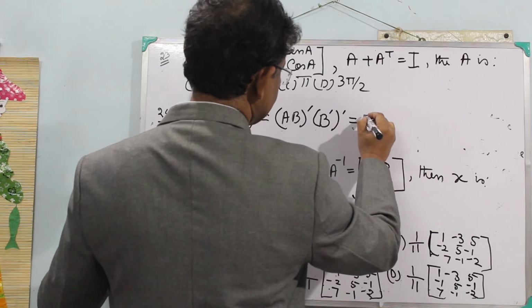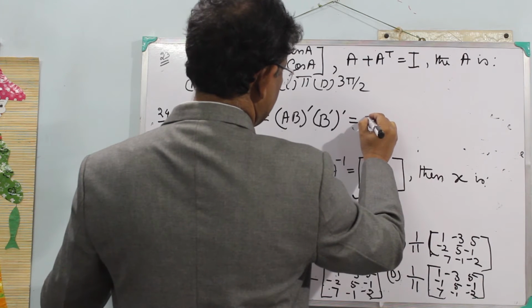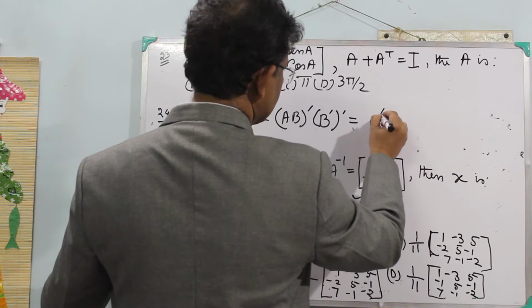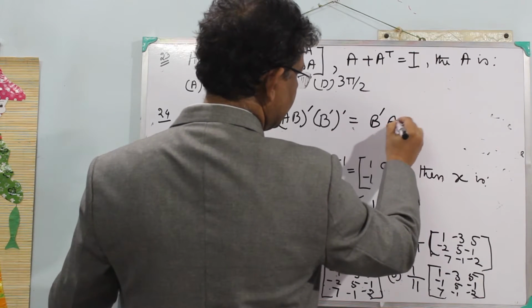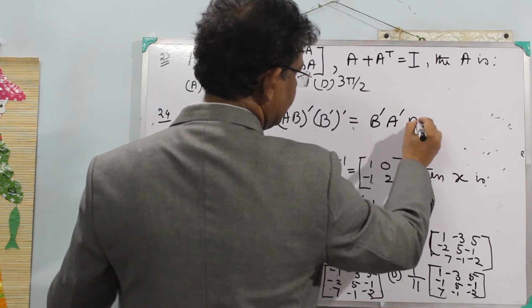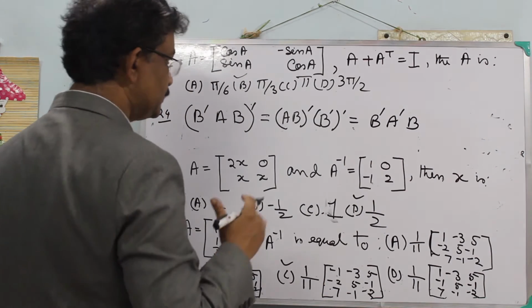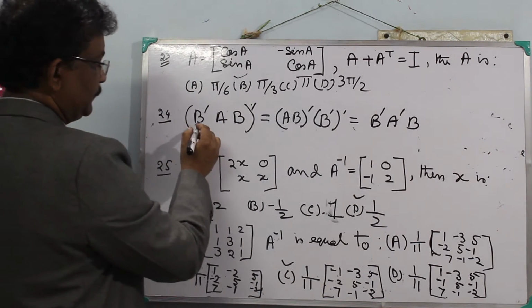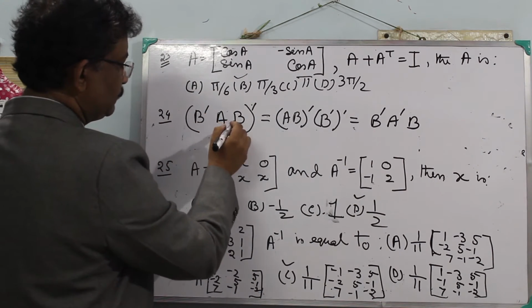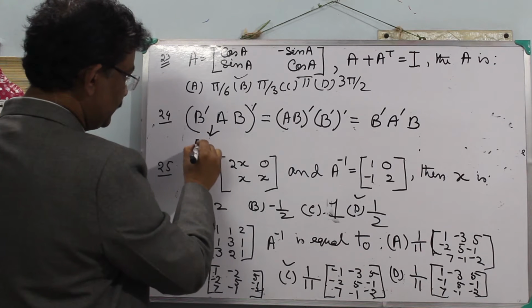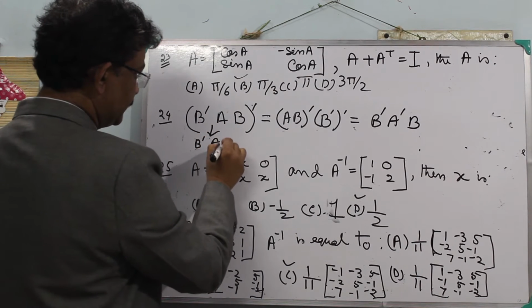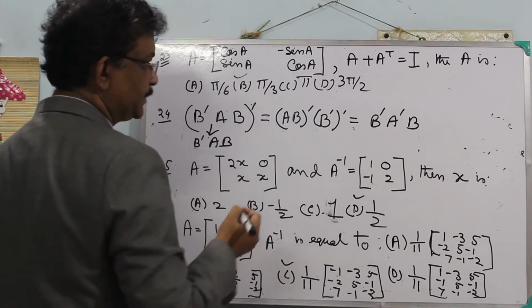This equals B transpose first, then A transpose and B. For symmetricity, B transpose AB would be symmetric if B transpose AB is equal to B transpose AB, the same.